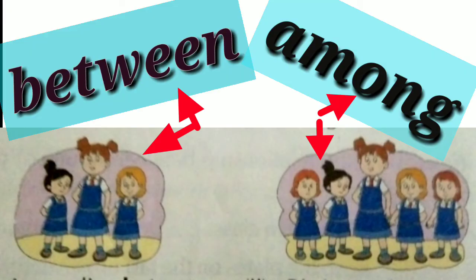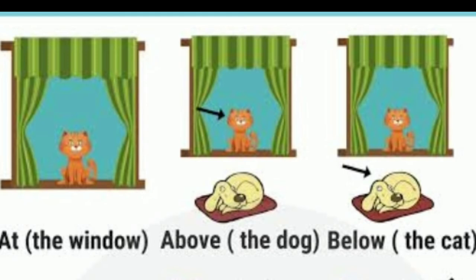Let us see the correct use of another two prepositions, between and among. Between is used with two persons or things as shown in the picture, and among is used with more than two persons or things. You can see the difference in the given picture. Over and above mean higher than something.